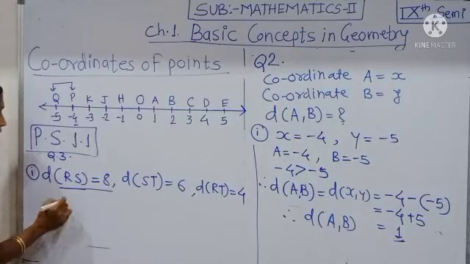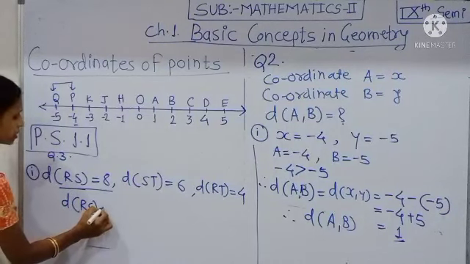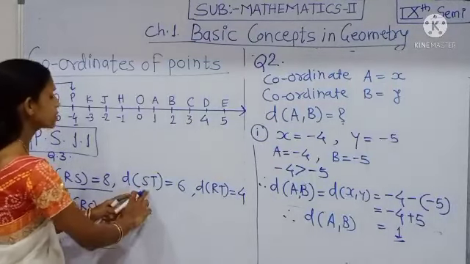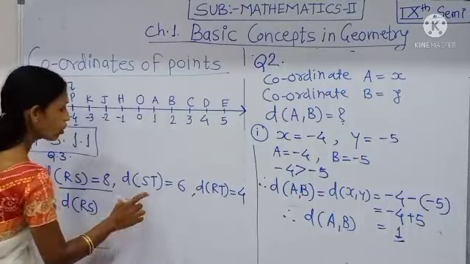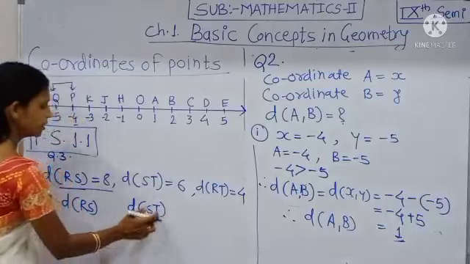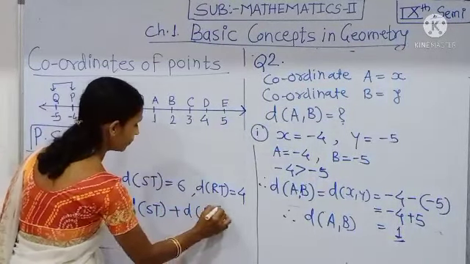Then we have to find out whether the greater distance, that is DRS, is equal to the sum of the remaining 2 distances or not. Therefore, DST plus DRT.